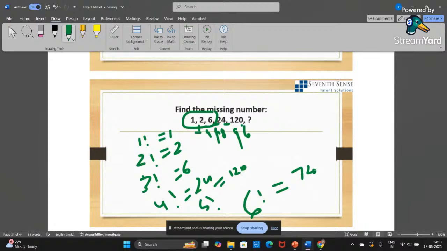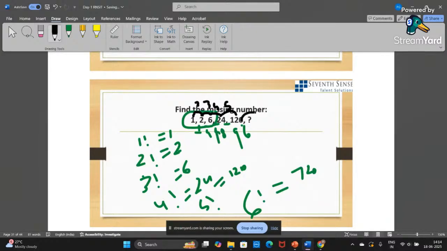This is one of the methods. Another method, I'll write this. See here. 1 into 2, 2. We're multiplying with 2. 2 into 3, 6. 6 into 4, 24. 24 into 5, it is 120.